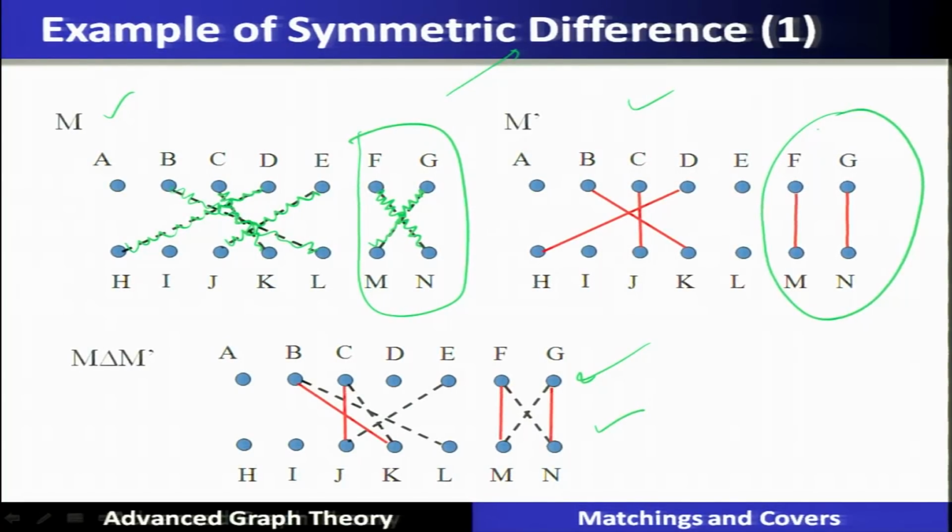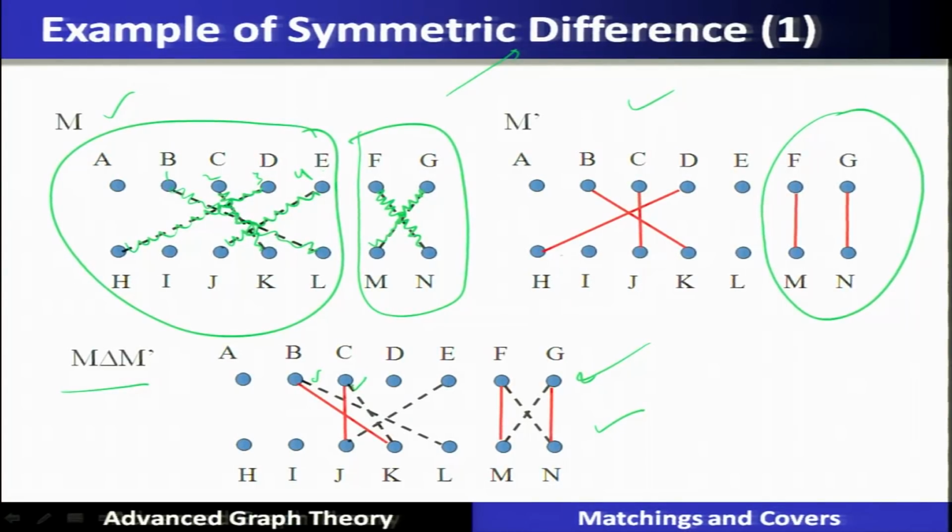So, this becomes the resultant symmetric difference. Similarly, this particular component will have 1, 2, 3, 4 different edges. Out of that, this dotted edge is present, the second dotted edge is also present, but the third edge is not present, because it must be common in the other component.